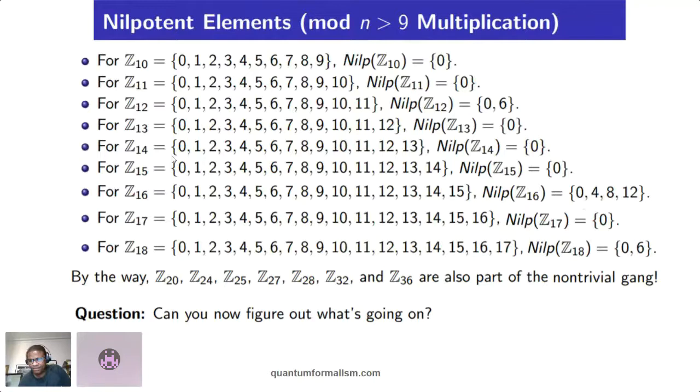I think Sanjay is getting more or less in the right direction, but I'll leave this as a challenge for the study group to figure out why this is the case. For those who are not able to think, you can ask the rest. And just to give you a hint, Z20, Z24, Z25, Z27, Z28, Z32, and Z36 are also, I claim, non-trivial. So the question is, can you figure out what's going on?